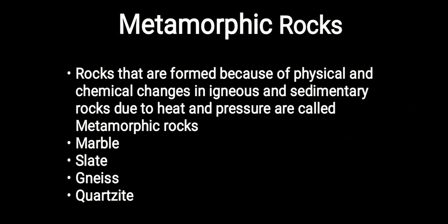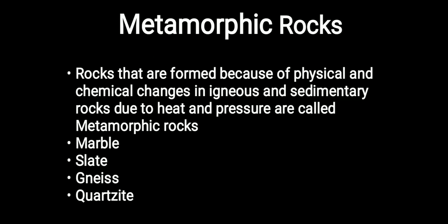Now, the next type of rocks are metamorphic rocks. Metamorphic rocks are rocks that are formed because of physical and chemical changes in igneous or sedimentary rocks or old metamorphic rocks themselves. These changes happen because of heat and pressure.